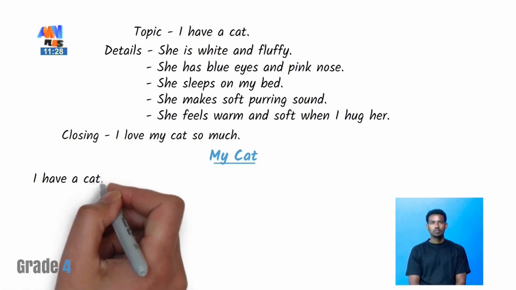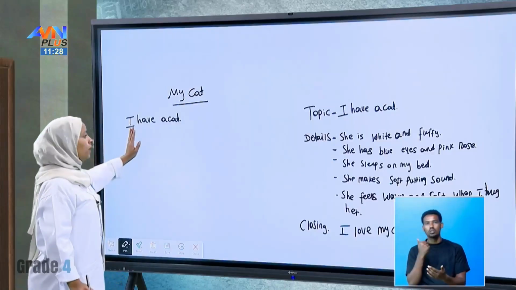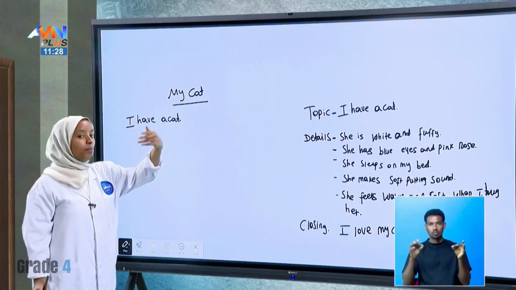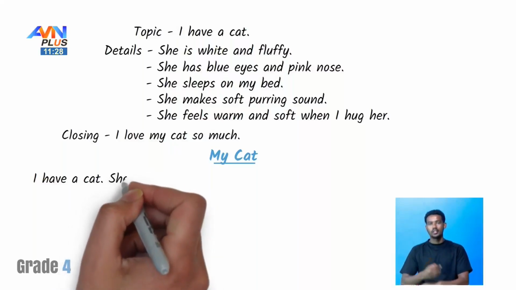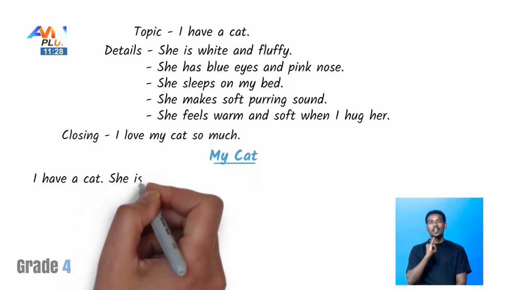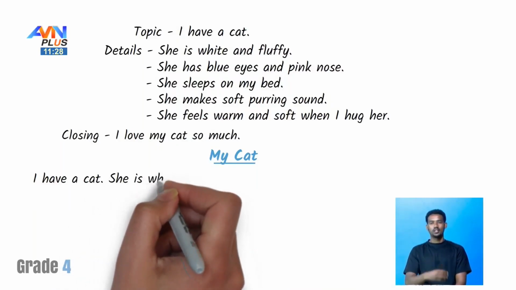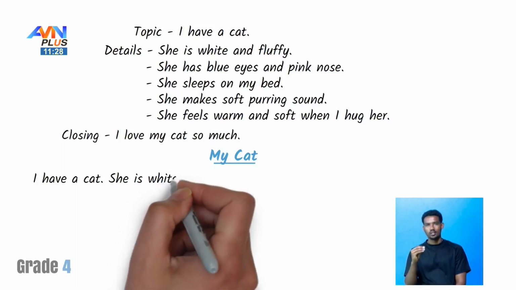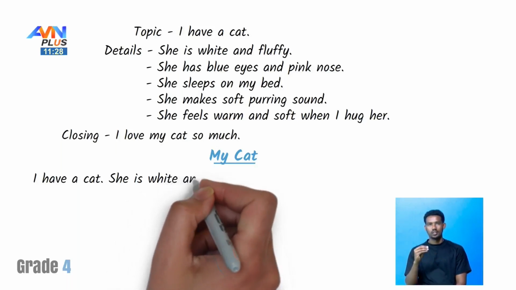So, here is what? The topic sentence. Let us go into this by writing the details. She is white and fluffy.